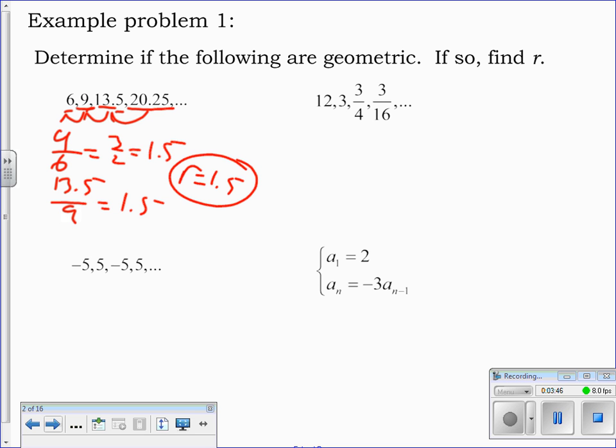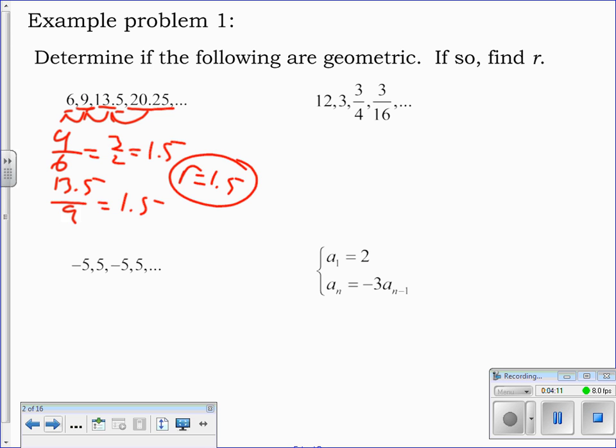Next one, same idea. How do I get from one to the next? Now, I like it when there are whole numbers and fractions right next to each other because that generally makes it easy to figure out what's going on. I go from 3 to 3/4. If I multiply 3 by 1/4, that gives me 3/4 because 3 over 1 times 1 over 4 gives me 3/4.